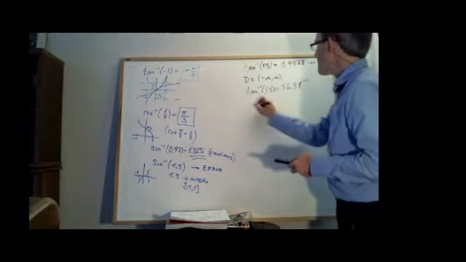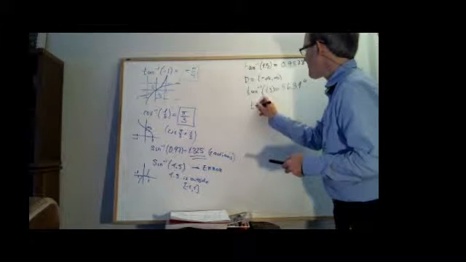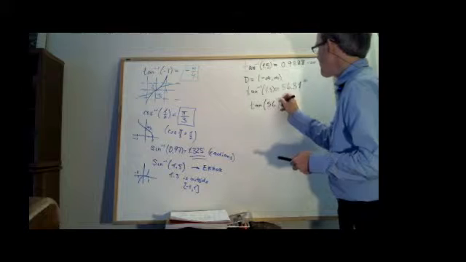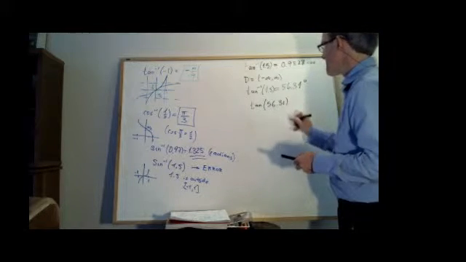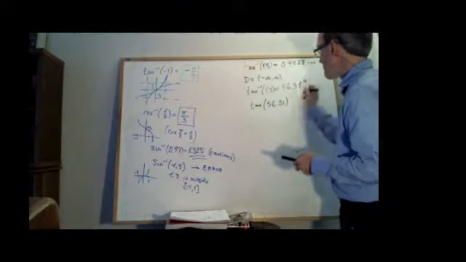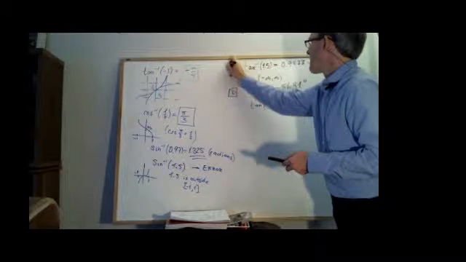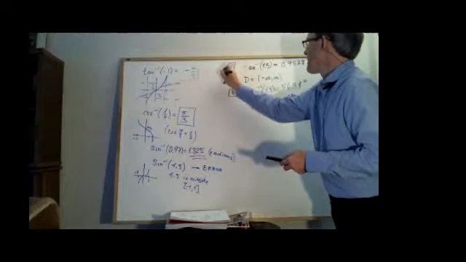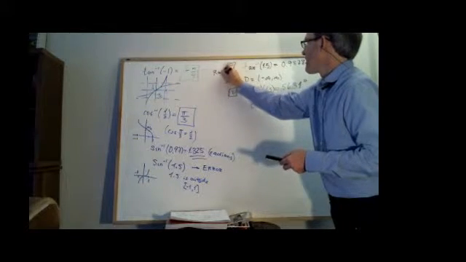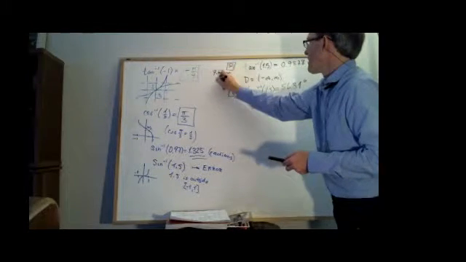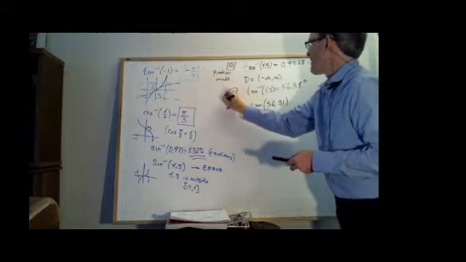And notice if you take the tan of this, you have to be in radian mode, and this has to be in degree mode. This is radian mode. This is degree mode.